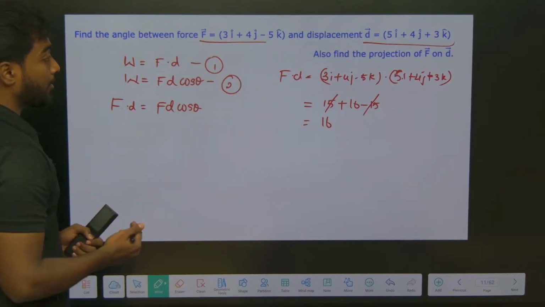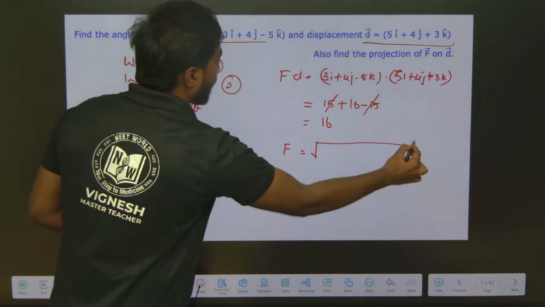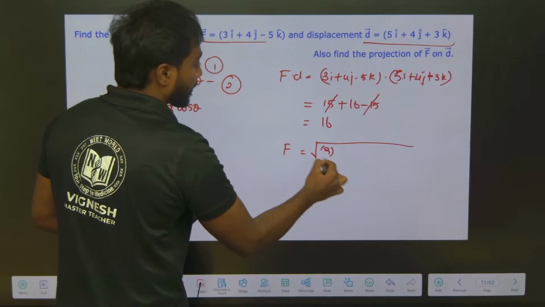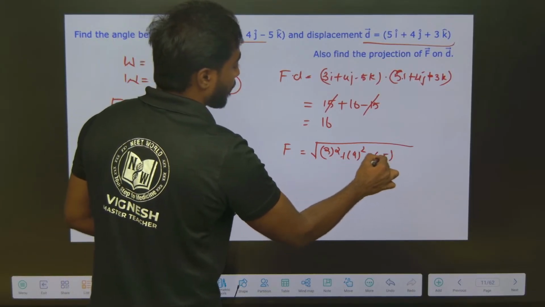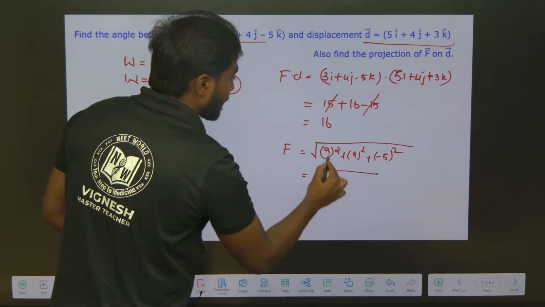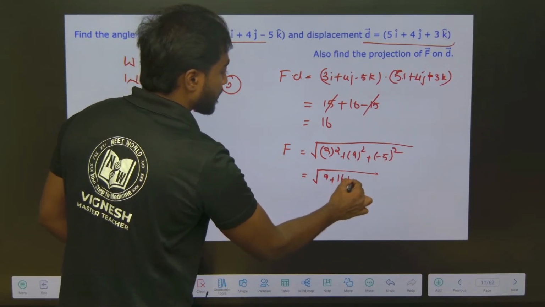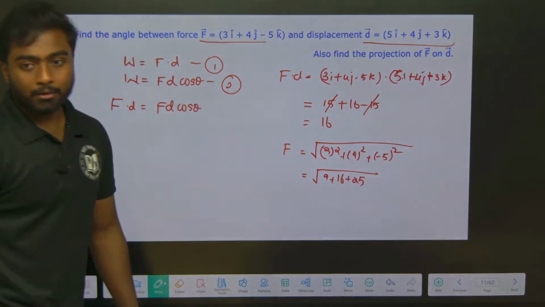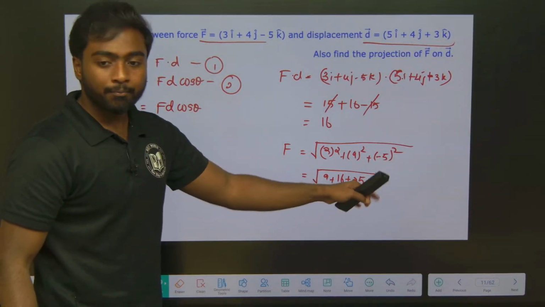The magnitude F equals the square root of 3 square plus 4 square plus minus 5 the whole square. So 3 square is 9, plus 4 square is 16, plus 25. 9 and 16 is 25, 25 and 25 is 50.